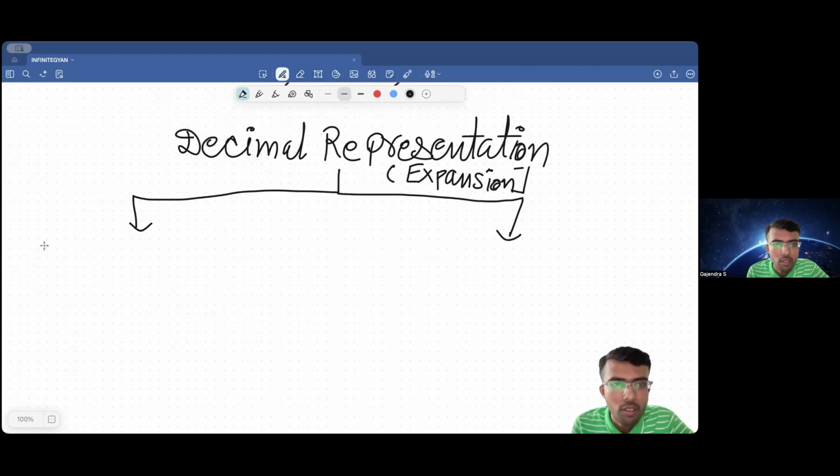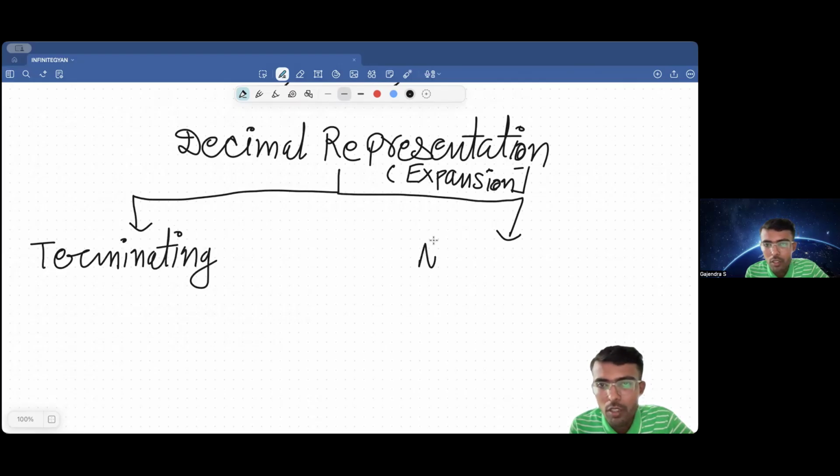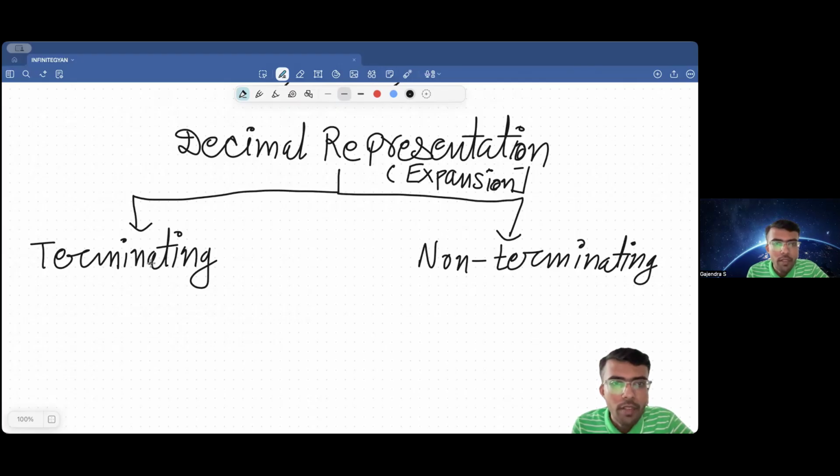So inside this we have terminating, one is terminating, bear with this handwriting, and another one is non-terminating decimal expansion. And in non-terminating, we again have two categories.